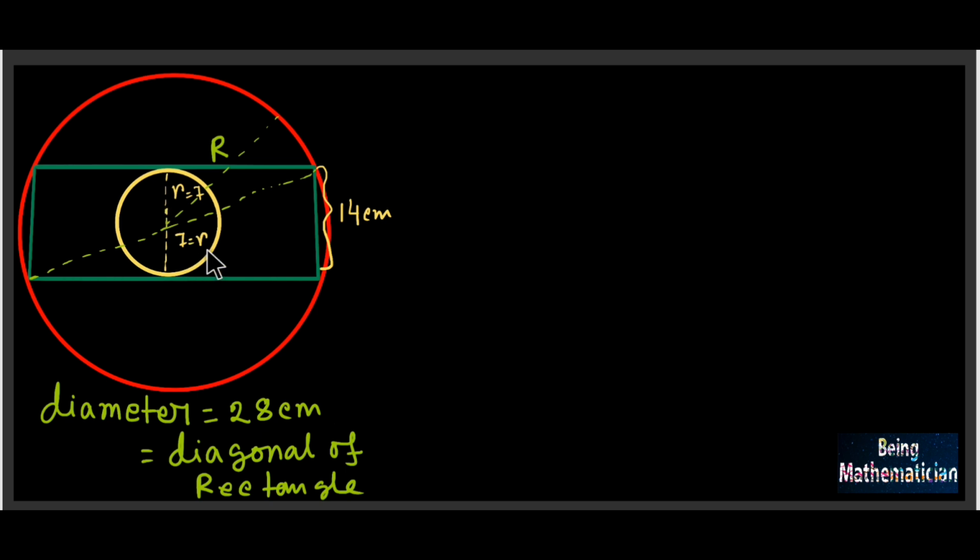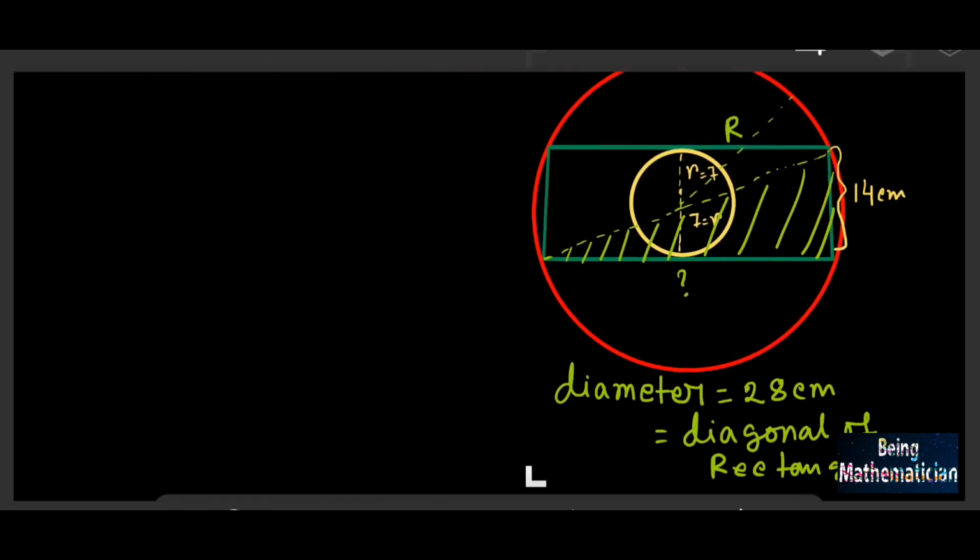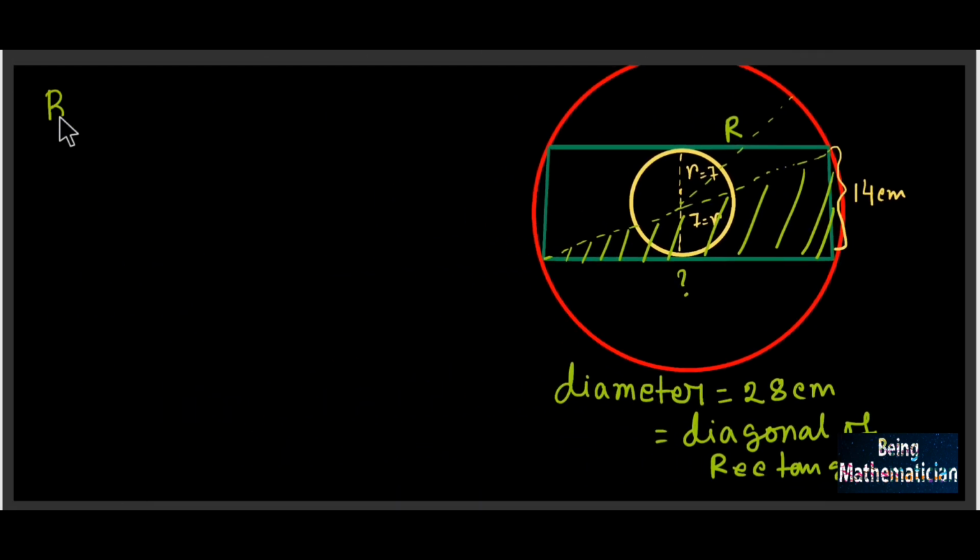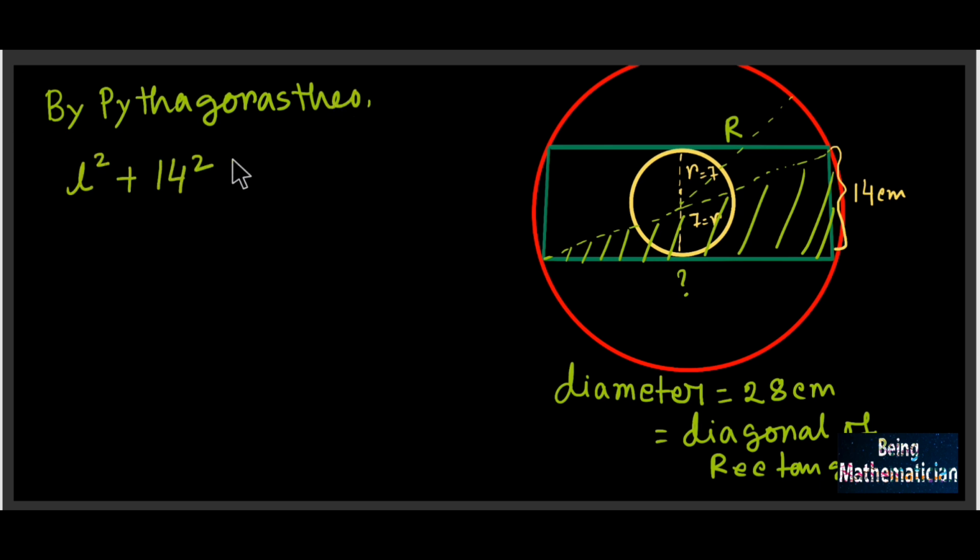Now consider this triangle. We can find the length by Pythagoras theorem. So let's calculate by Pythagoras theorem. We can write length square plus 14 square, which is the breadth of the rectangle, is equal to diagonal square. Diagonal is 28. So L square is equal to 28 plus 14 into 28 minus 14.